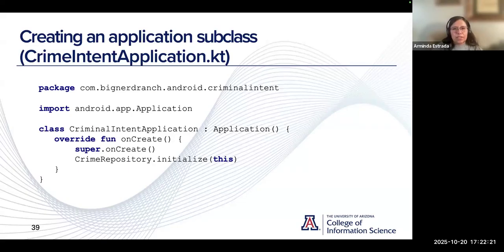So then create an application subclass. And here we have a class, we call the application class, so you're going to have the glucose application class. And in here, we pretty much use it to initialize the repository that we have. So you do need to call this in.